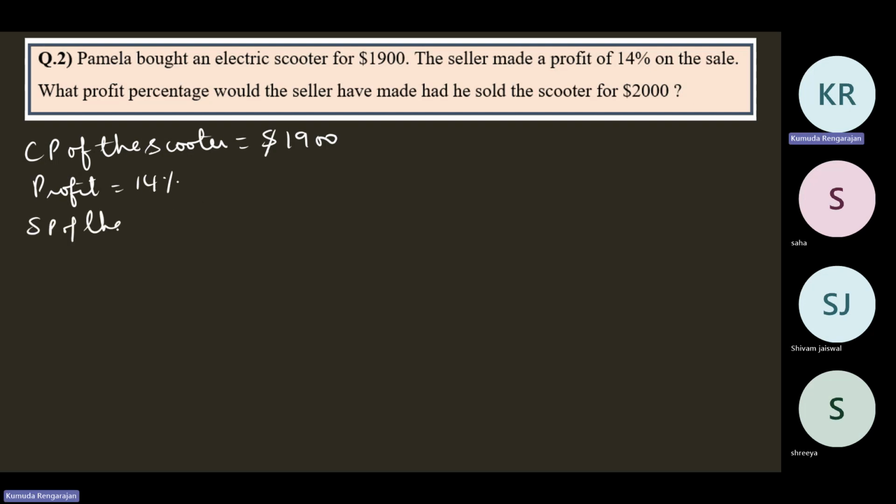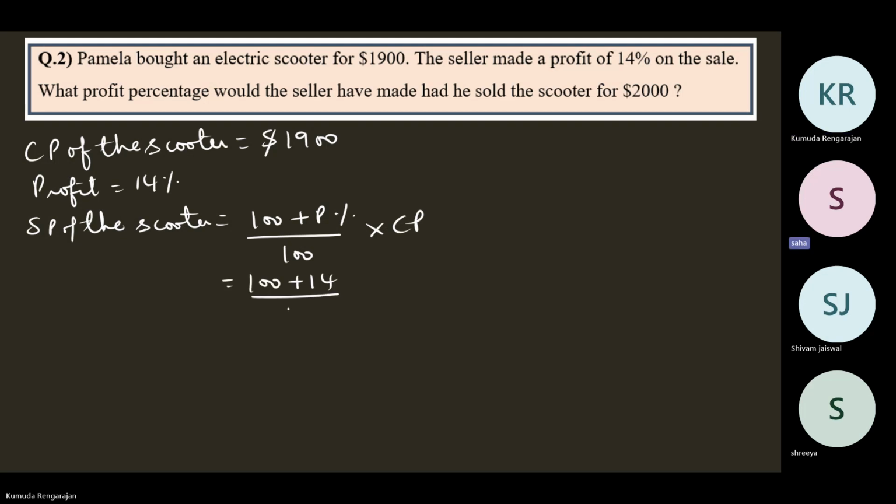SP of the scooter is equal to 100 plus profit percent by 100 into CP. 100 plus 14 by 100 into 1,900. Correct. So it's 2,166.